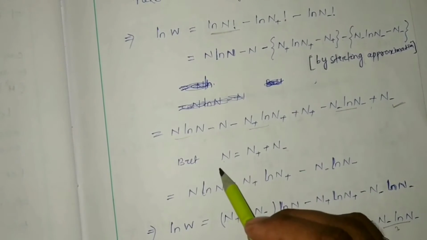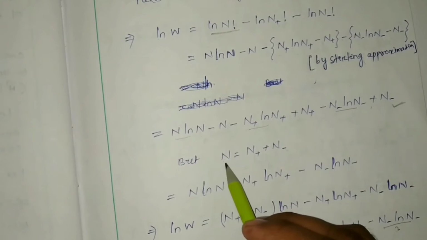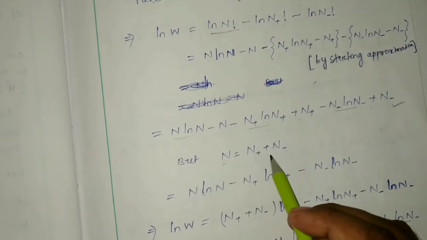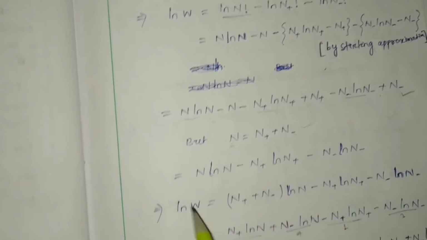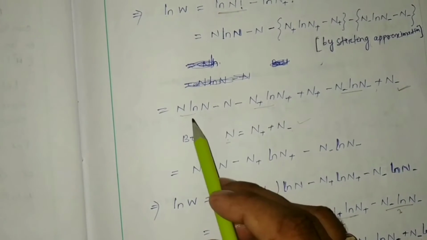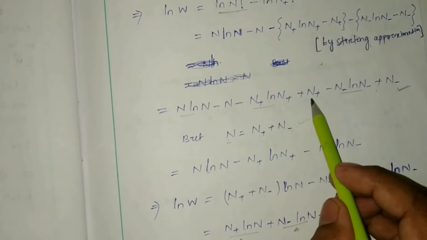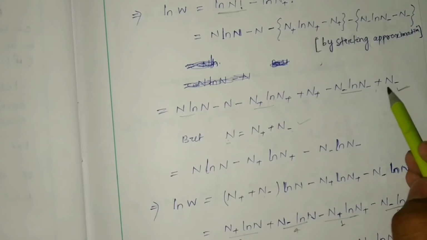But the total number of particles, capital N, is equal to n plus plus n minus. So the above equation will be, here you can see, n plus plus n minus.